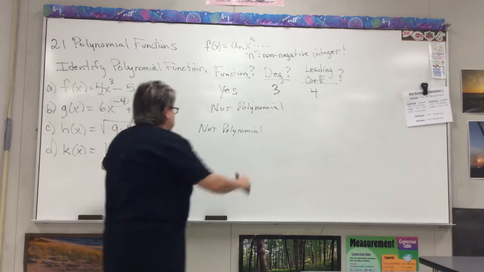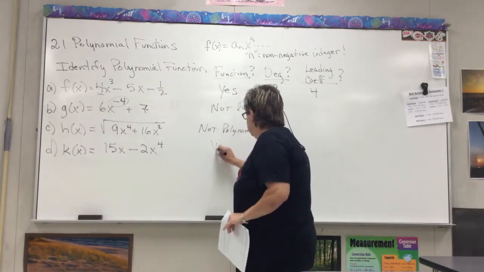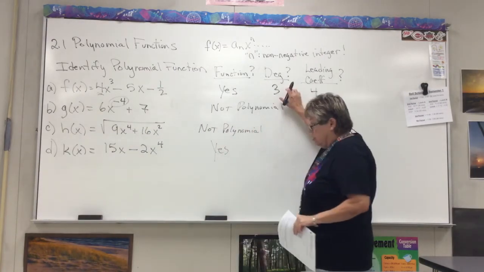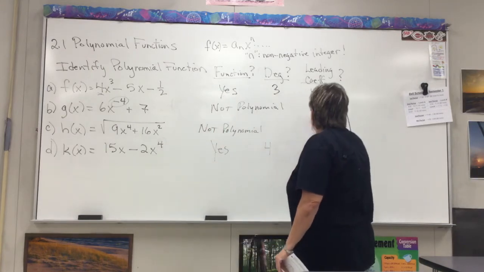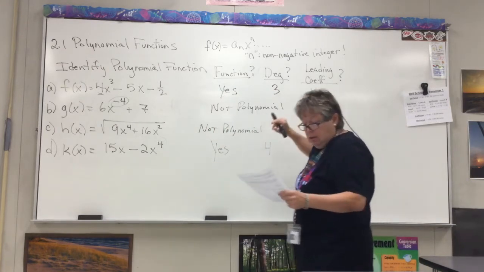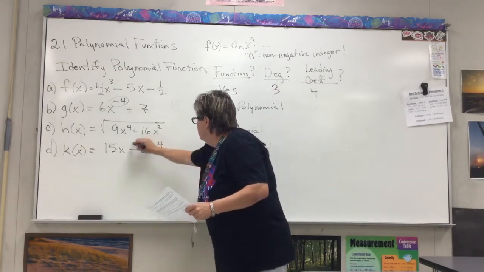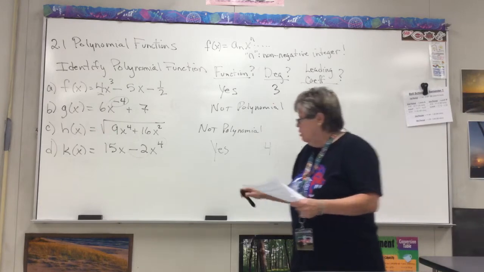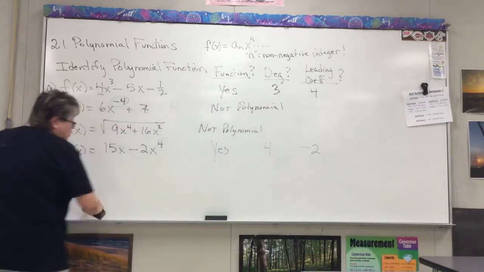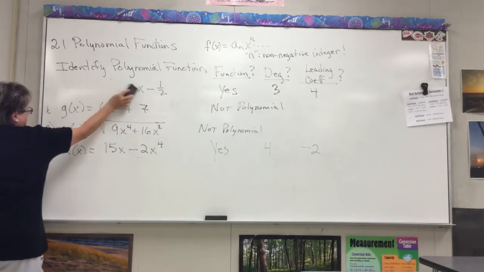So we have a polynomial. Is it a function? Yes, it is. The degree is going to be a 4, and the leading coefficient is right here, a negative 2. So there you go with a couple of examples about polynomials.